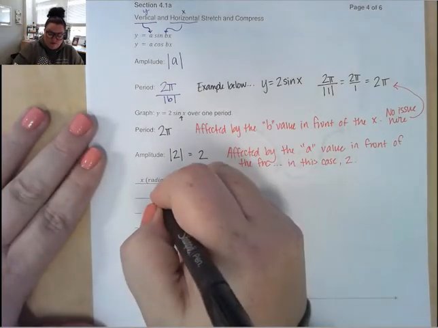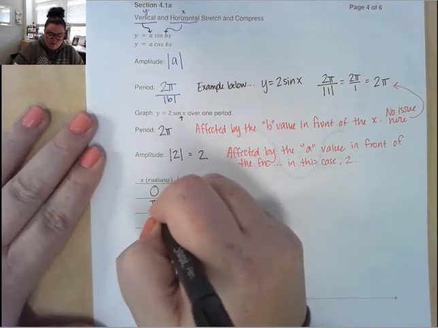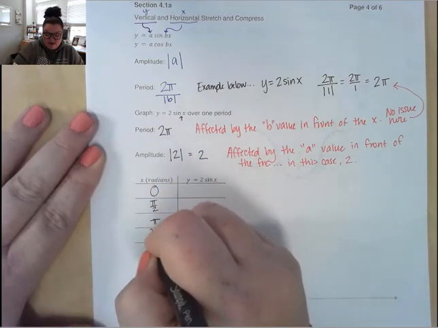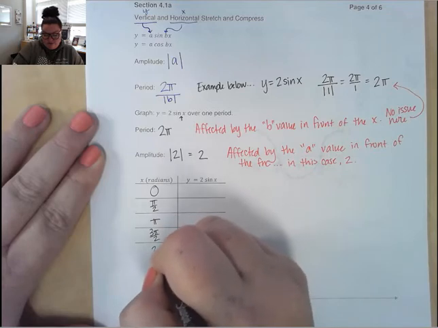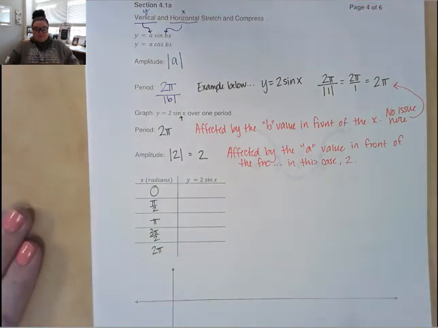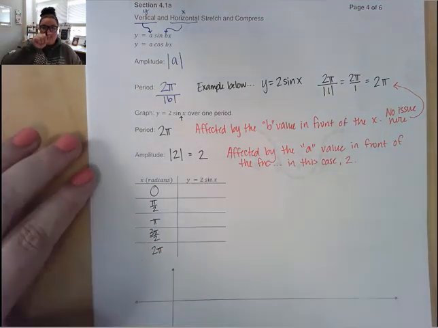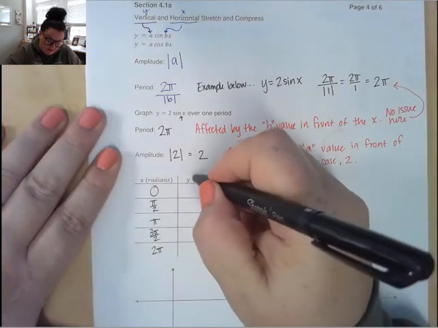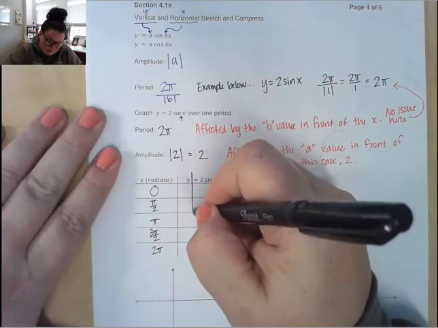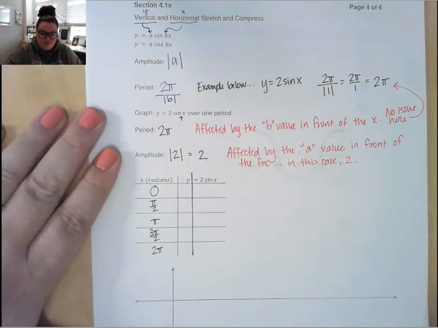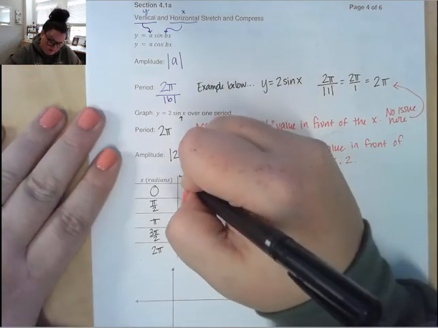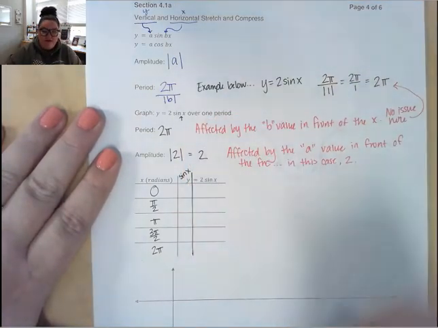So we need to know we're going to go from 0 to pi over 2 to pi down to 3 pi over 2 and finish at 2 pi, our y values as we go around. Now, I'm just going to put a little extra column in here just to show what our sine values are.